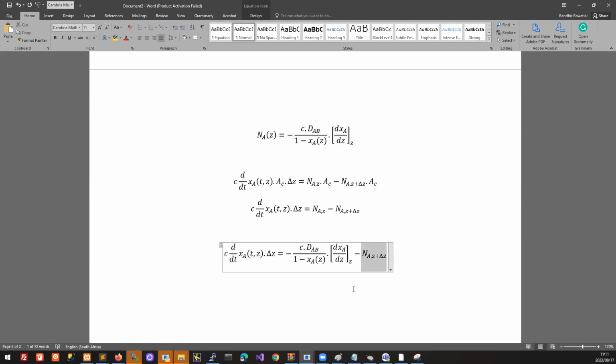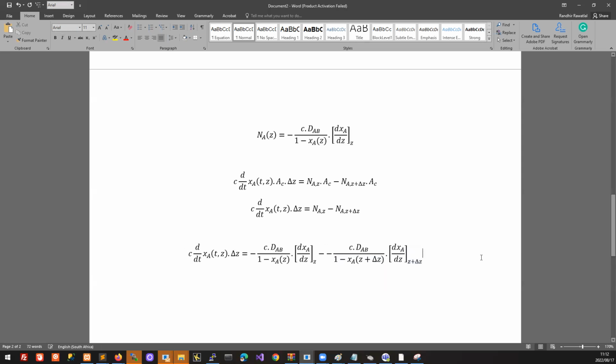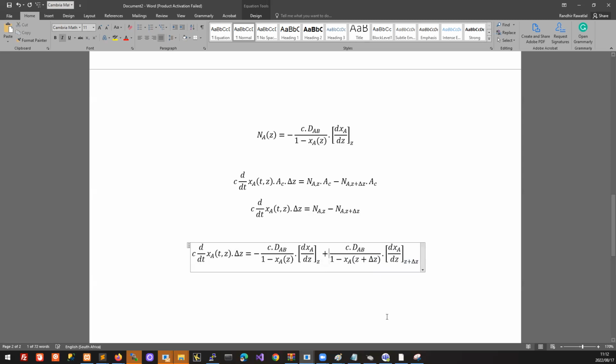For this one, we are going to do it at Z plus delta Z. So here we need to say 1 minus XA at Z plus delta Z, and this is at Z plus delta Z. And we've got a minus here, we've got a minus here, so this is a plus.